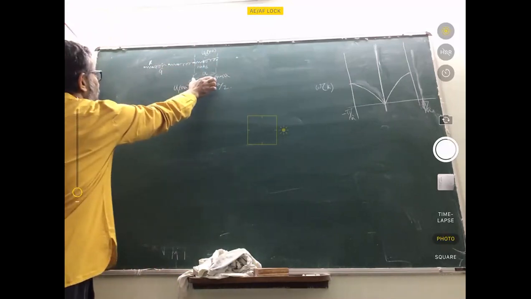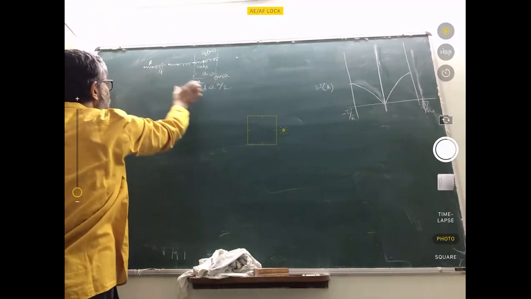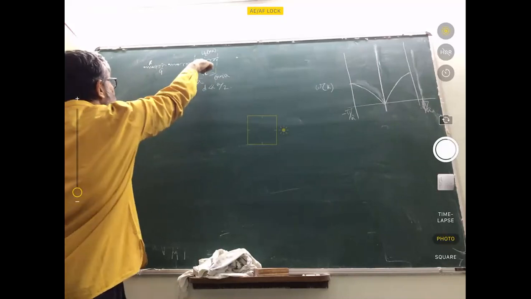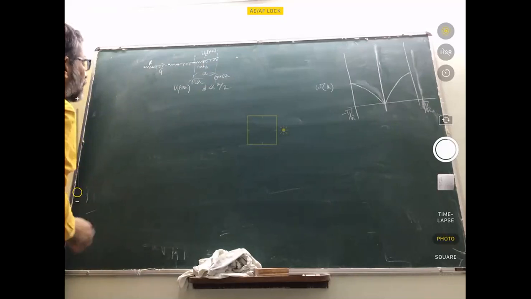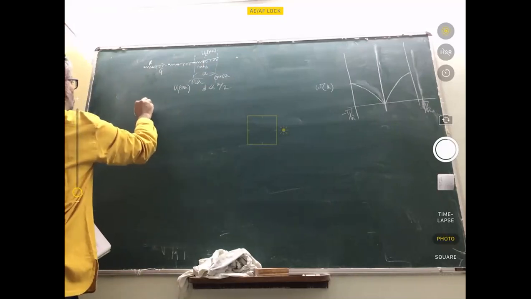So this is the nth unit cell, if I start counting from here, and motion of these atoms is given by u1(Na) and these atoms by u2(Na). So if that is the situation, then you can write U harmonic.